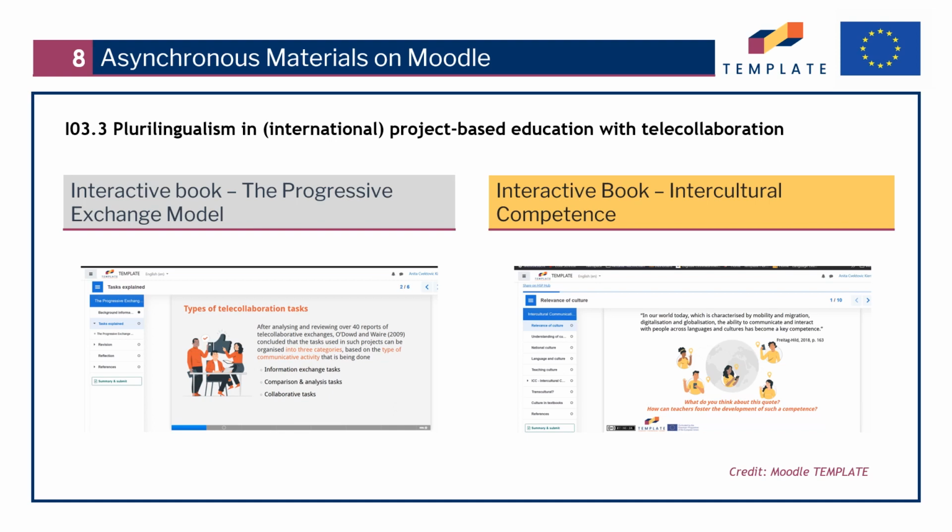Both the progressive exchange model and intercultural competence were presented using the same structure. First, the theoretical background, then some examples, some interactive games and revisions for the teachers, as well as a reflective part where teachers were asked to answer some questions using a forum.